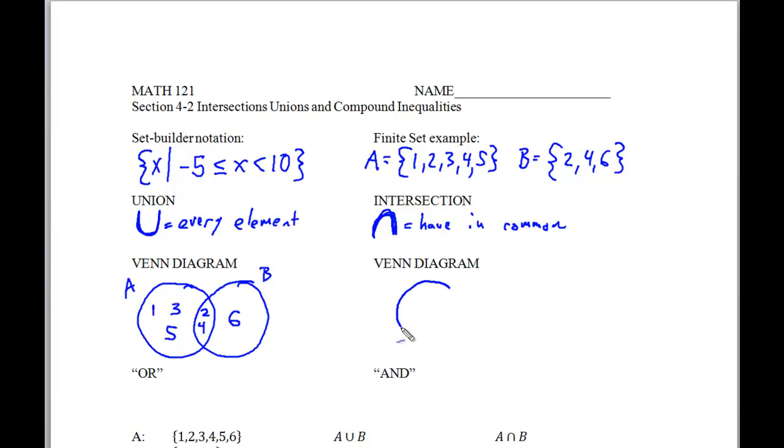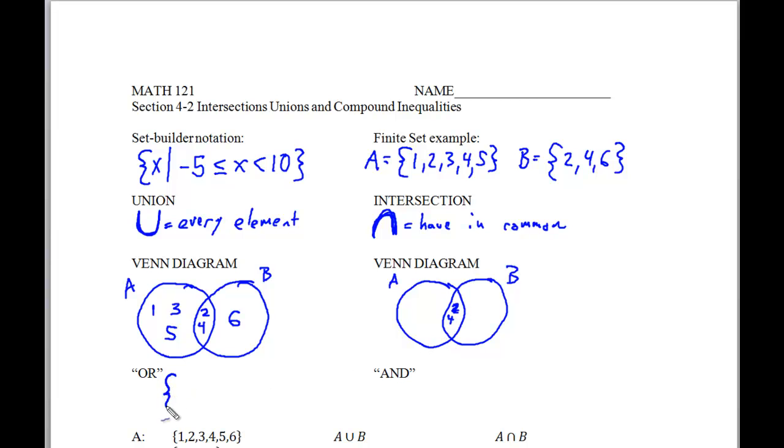Now, the Venn diagram of the intersection would just include the 2 and the 4, because this is the only thing they have in common. So the Venn diagram of the intersection is just this inner piece. The word or means I want A or B, which can include anything from A or B, and "and" means I want the numbers in both A and B, which is exclusive to these two.